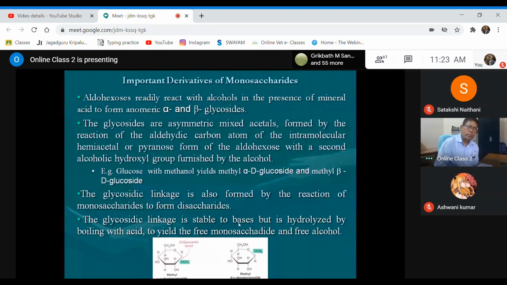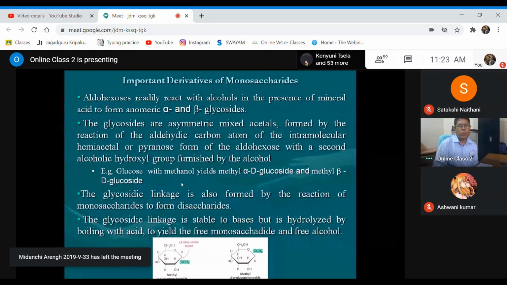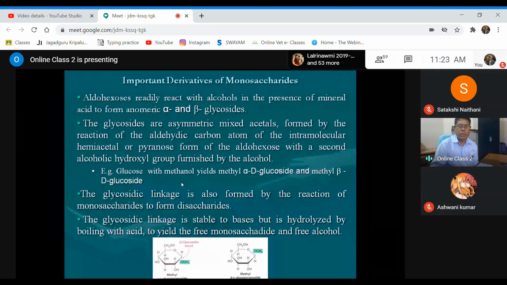If glucose is allowed to react with methanol, an alcohol, in the presence of acid, the methyl group is attached to the carbonyl carbon, that is carbon number 1. The hydroxyl group attached to carbon 1 may be in the alpha or beta configuration. Those are the anomers we have already seen.